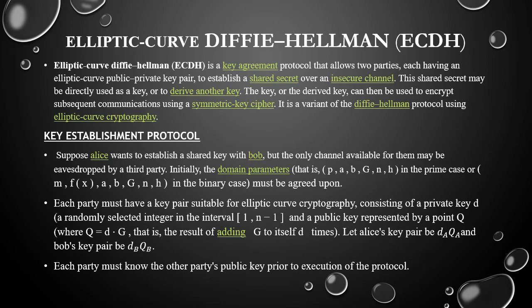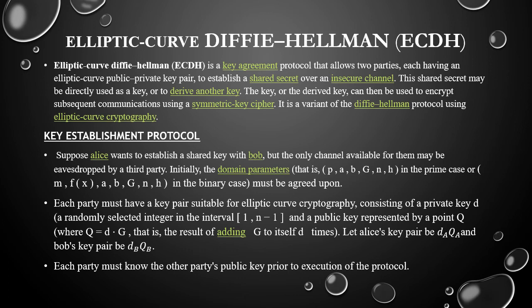Now, the third algorithm used in the combined method is the ECDH algorithm. The full form of ECDH is elliptic curve Diffie-Hellman algorithm. This algorithm is used for cryptographic encryption and decryption. This is actually a key agreement protocol. This protocol allows two parties, each having an elliptic curve public-private key pair, to establish a shared secret over an insecure channel.